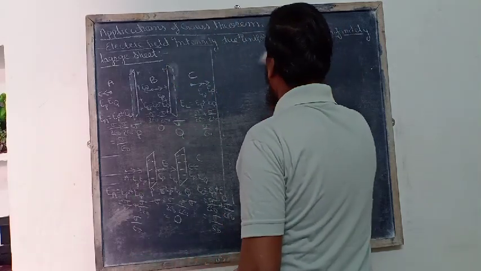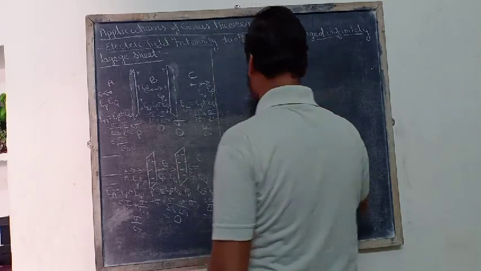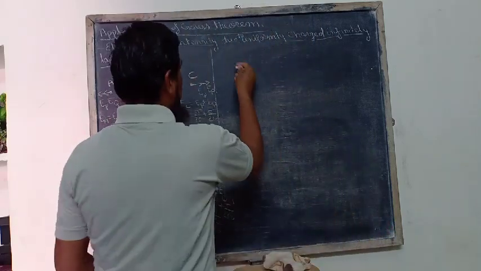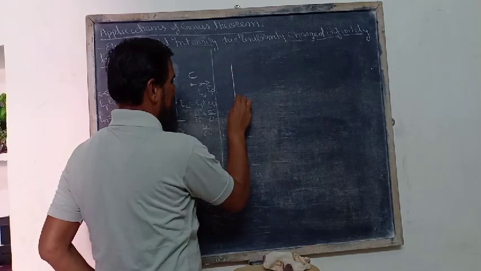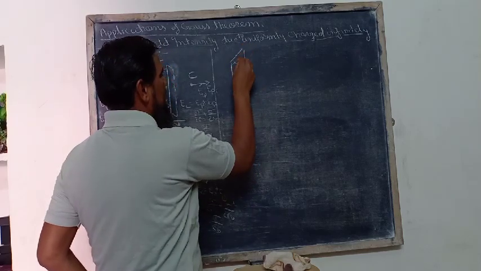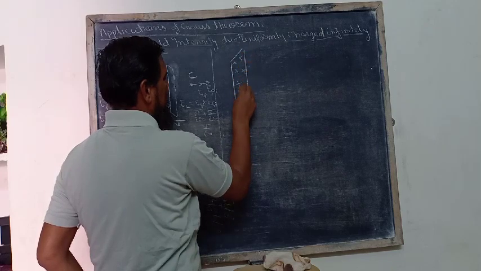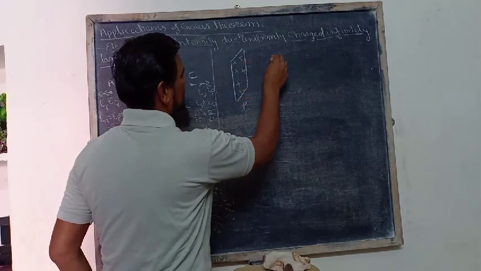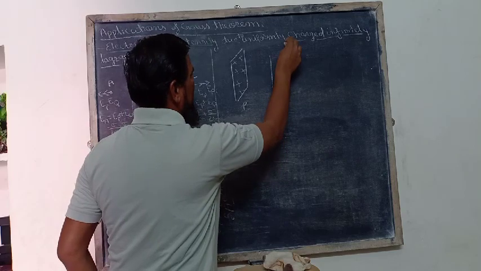And the last case, the plates are charged by opposite charges. One plate is with positive charge and the other one is negative charge. In this case, we consider again two sheets. This is the positively charged plate, P plate. This is the negatively charged plate.